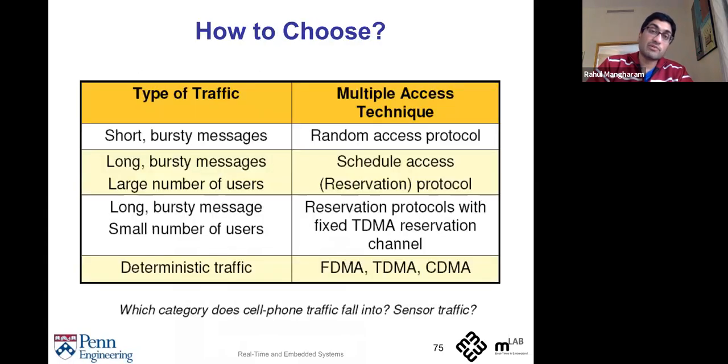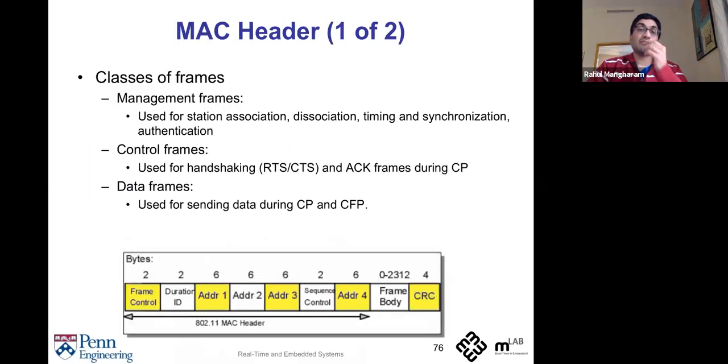So I want to skip ahead to how we go to a Wi-Fi frame. This is the protocol frame that Wi-Fi packets use, and it's called the medium access control header. There's a frame control field saying what type of frame this is.